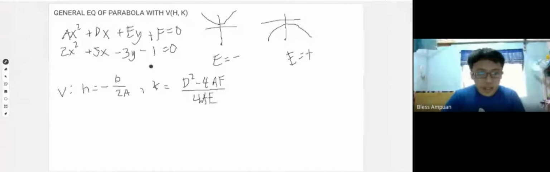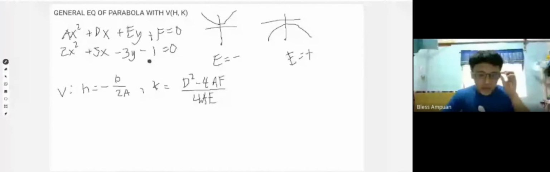So to find for the h or the abscissa of our vertex, just substitute negative D is 5 over 2A, A natin is 2. So k, D natin is 5, negative 4 times A is 2, F is negative 1, 4A is 2, then E is negative 3. So just substitute. So again, A, D, E, and F, they are just the coefficients, or F is the constant, and then E, D, A are the coefficients of such variable.